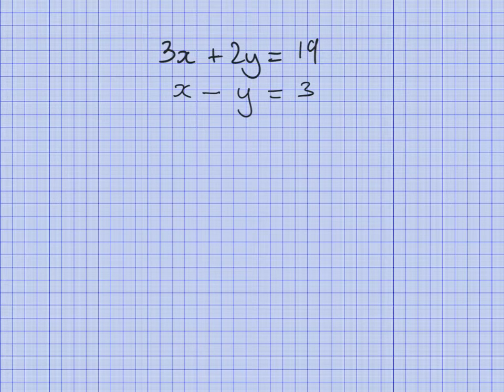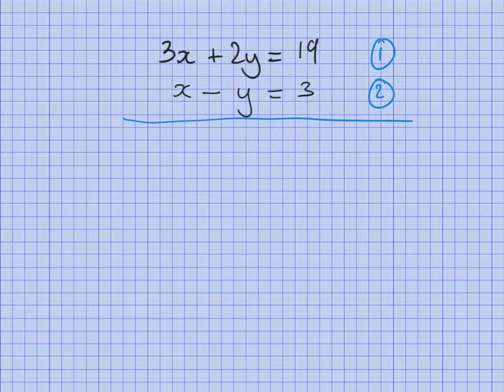We're going to start again by labeling the equations, and then I'm going to rewrite the second equation, and I'm going to multiply it by something so that it's got one of the coefficients, either the x or the y, the same as the first equation. So let's draw a line here.